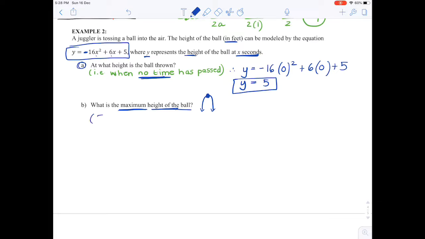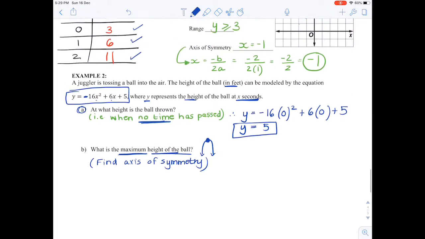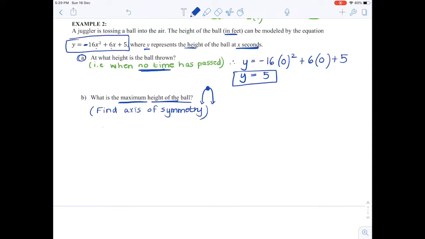To find that, we need to find the axis of symmetry. To find the axis of symmetry when you don't have a graph, remember you quite simply use this friendly equation, negative b over 2a. So x is equal to negative b.